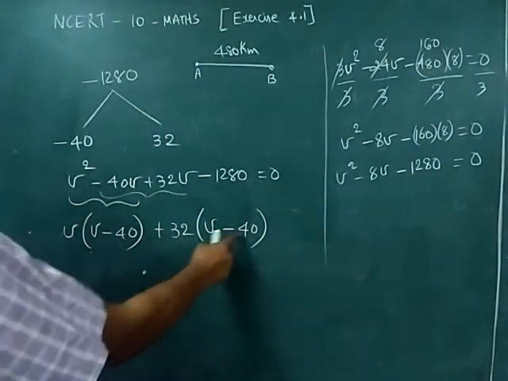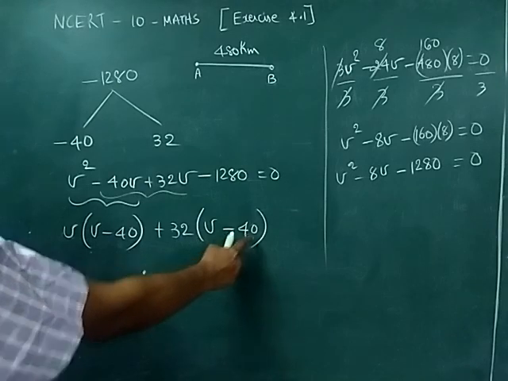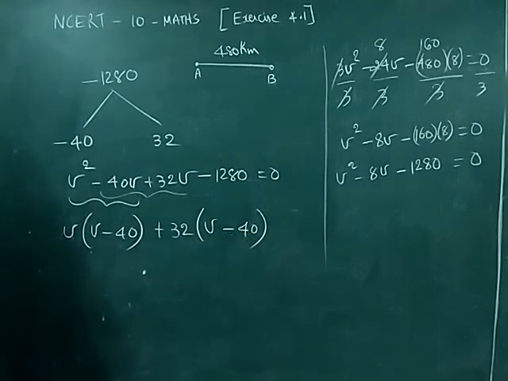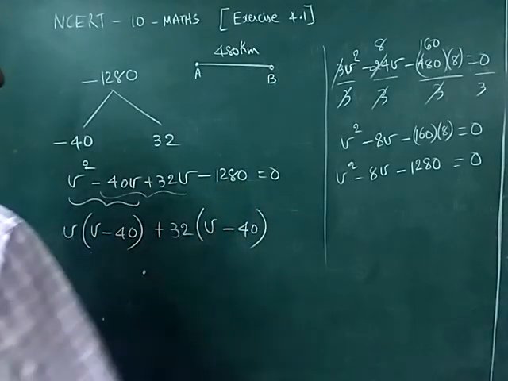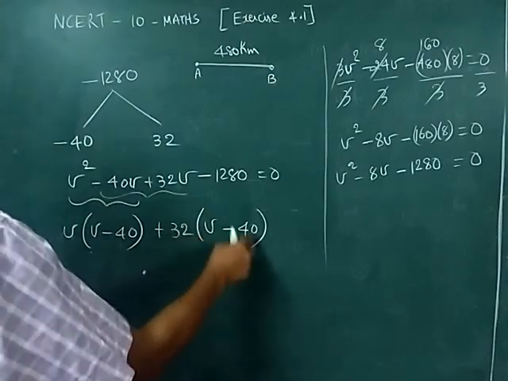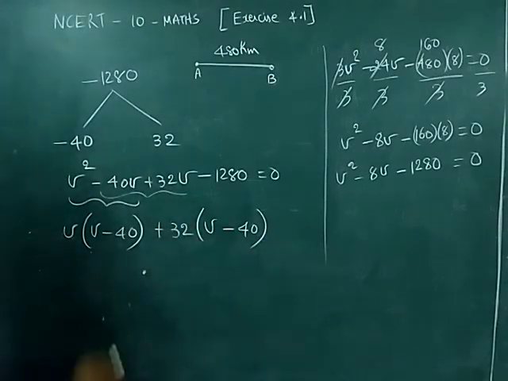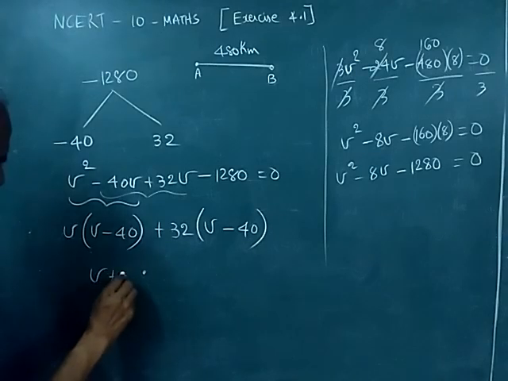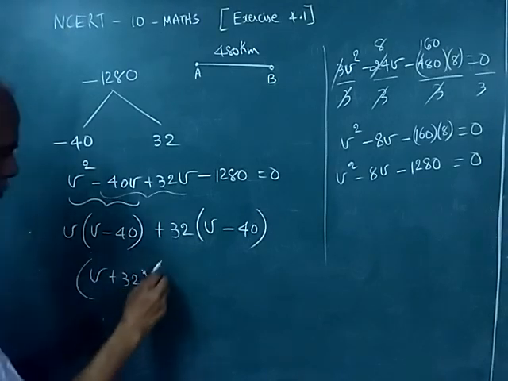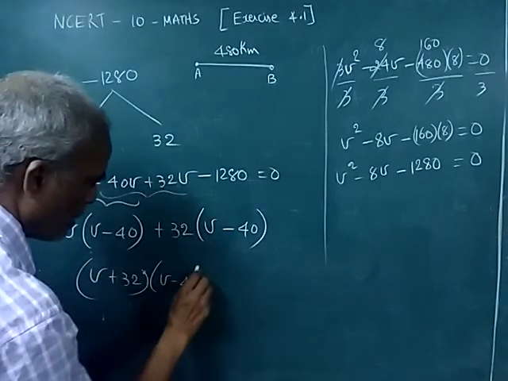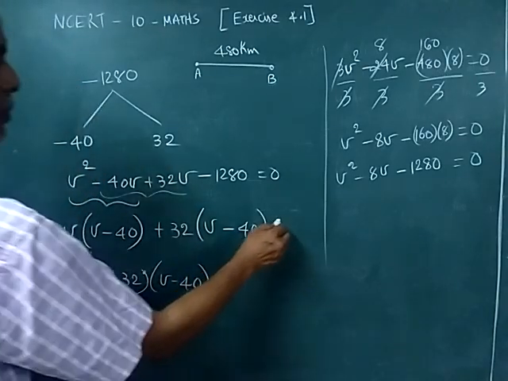So 32 into 40 is minus 1280, you will get the same term. So the common term is V plus 32 into V minus 40 is equal to 0.